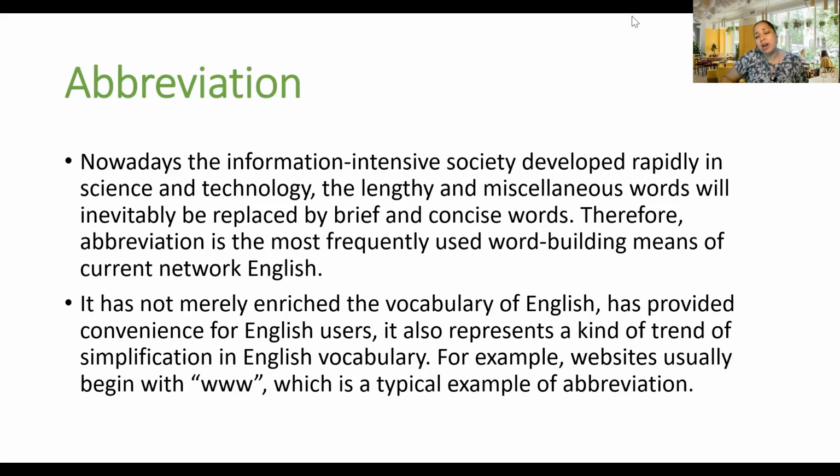So we need to define what abbreviation is. So it means that we have a lot of words, and sometimes the length of the word is too big. And if we have to write very fast, the tendency is to create abbreviation.